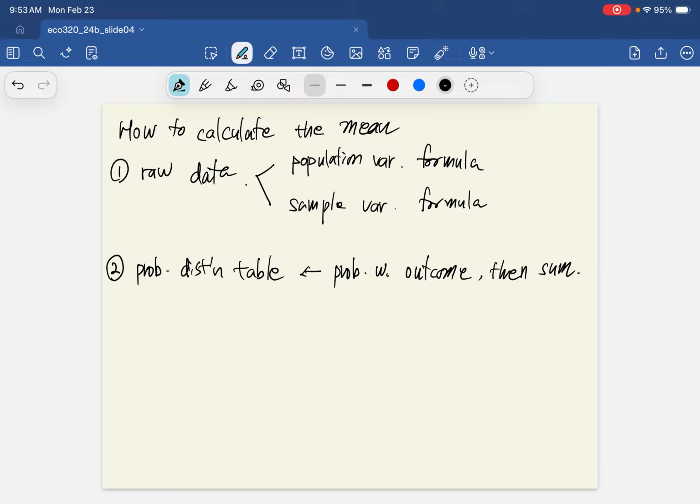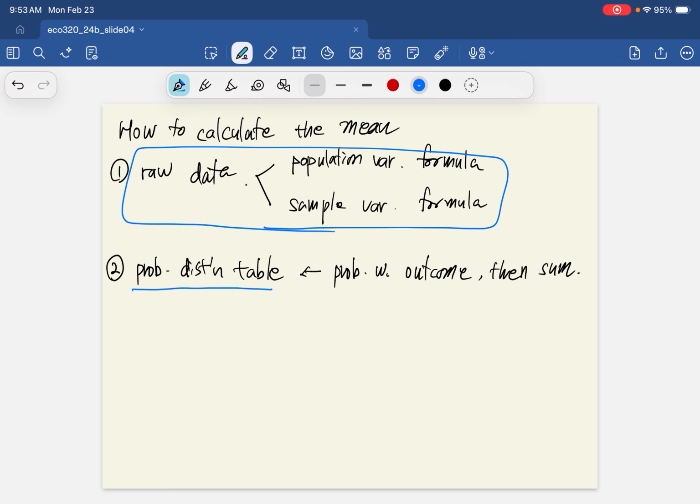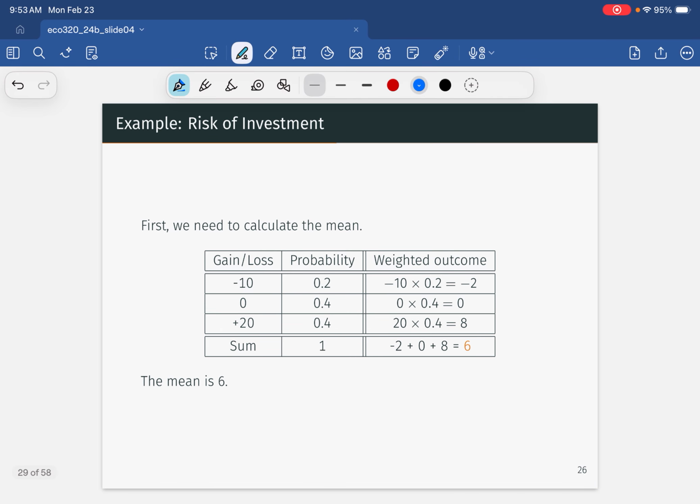That's how we calculated the mean. So what we learned in the previous video is the case when you have just raw data. However, it does not apply when you have a probability distribution table. That's what we are going to consider from this video.